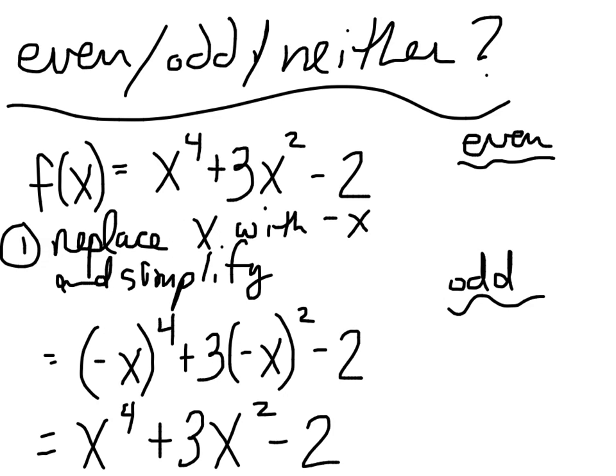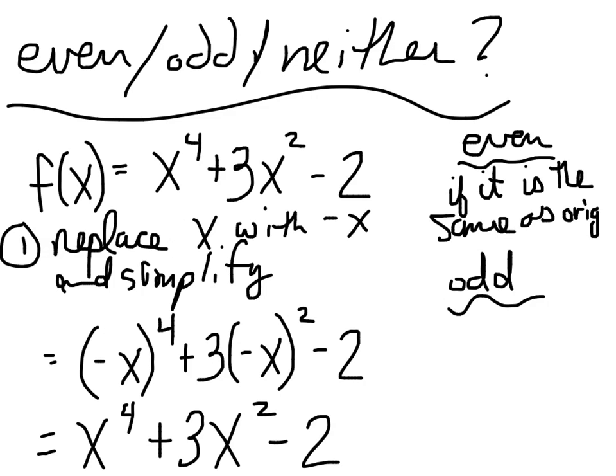So what happened there? If it's even, after replacing the negative x, and it simplifies, if it is the same as original, then it's even.